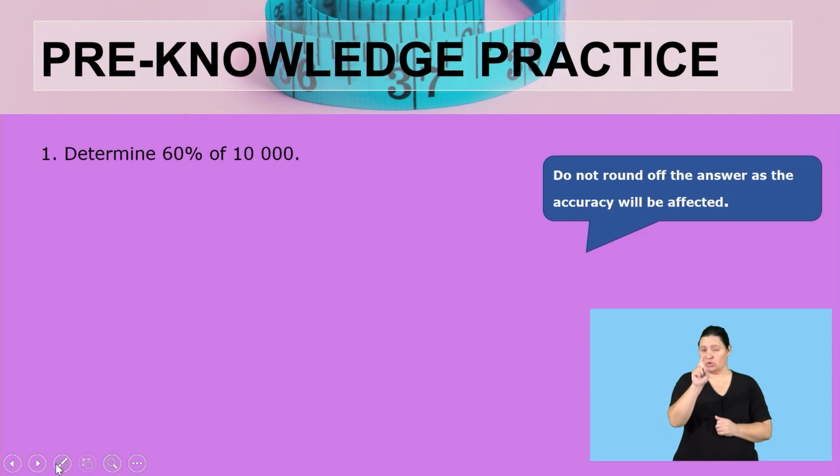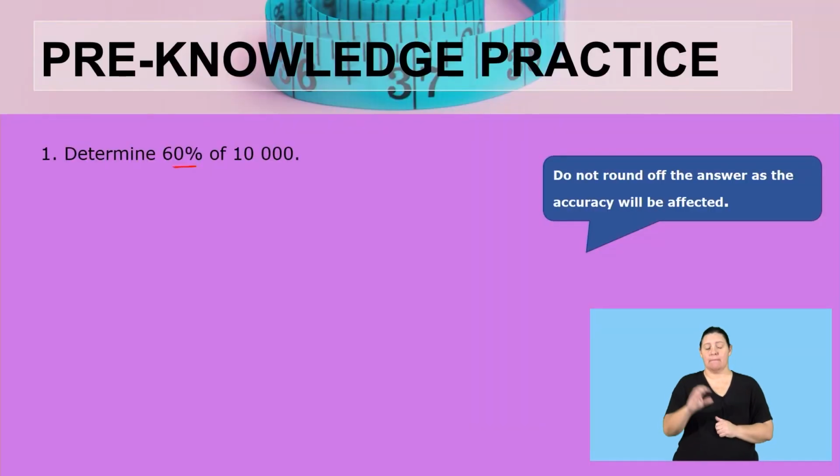The first question: determine 60% of 1,000. Remember, we said when we're talking about a percentage, we are talking about part of 100. So a percentage can be expressed as a fraction. For us to determine 60% of 1,000, the first thing is to express this 60% as a fraction.